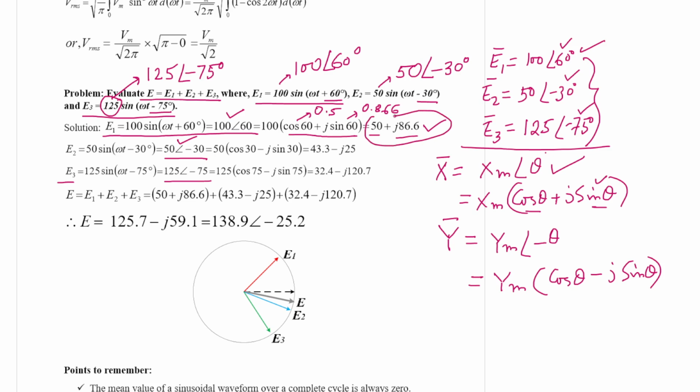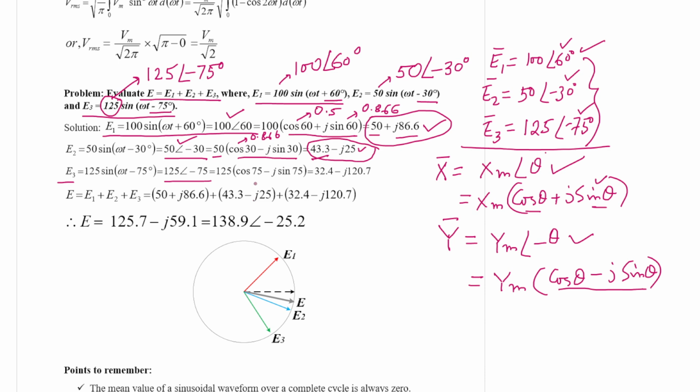Now similarly, what about E2? E2 has magnitude 50 and the angle is minus 30 degrees, so it is cos 30 minus j sin 30. Cos 30 is root 3 by 2, that is 0.866, so it will be 43.3. And sin 30 is 0.5, so it will be minus 25. So this is 43.3 minus j 25.